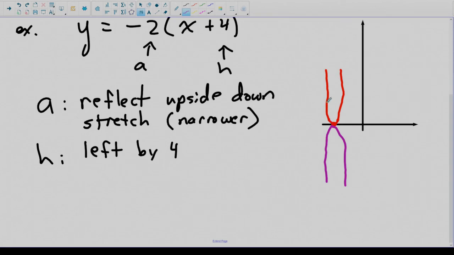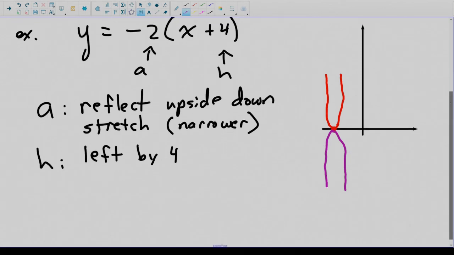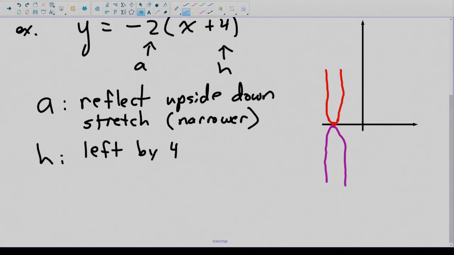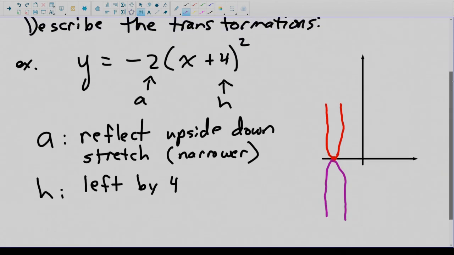So this would be the transformation of moving it to the left, and this would be the transformation of both moving it to the left and flipping it upside down. And if we used our table of values, this would be a lot more accurate. And that's what I'm going to show you as the next example. I think I said this one would be the last one, but I'm going to do one more, okay?